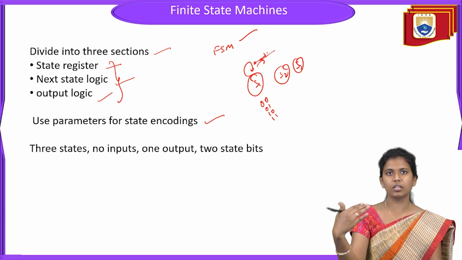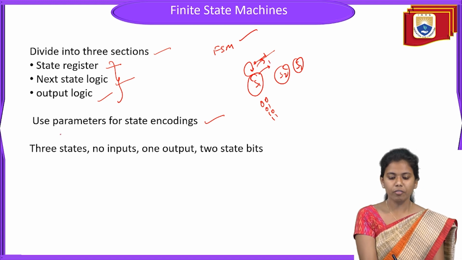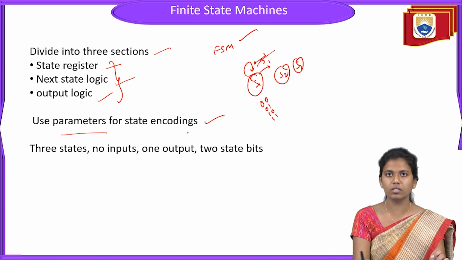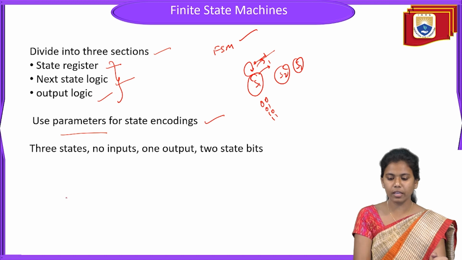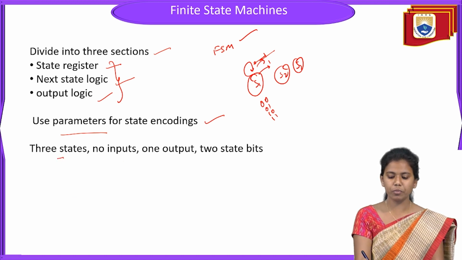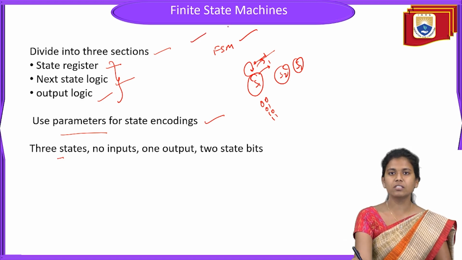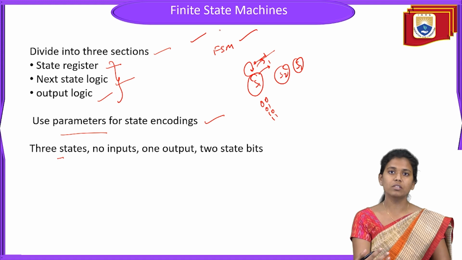If it is passing on to the next transition, obviously we mention it with a 1. So here we use parameters for the state encodings in the FSM, and we will see 3 states, no inputs, no outputs, and 2 state bits. We will learn about finite state machines in depth in the coming modules.